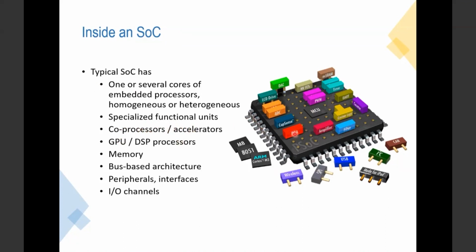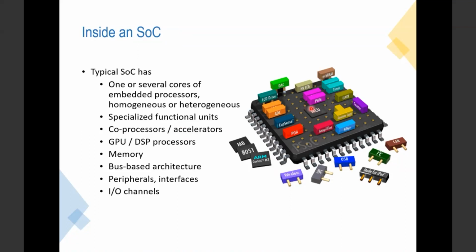A GPU or DSP processor, you can put the DSP inside here if you're going to do signal processing, or a GPU if you're going to do image or graphical processing. And then memory, of course, you need to put memory.